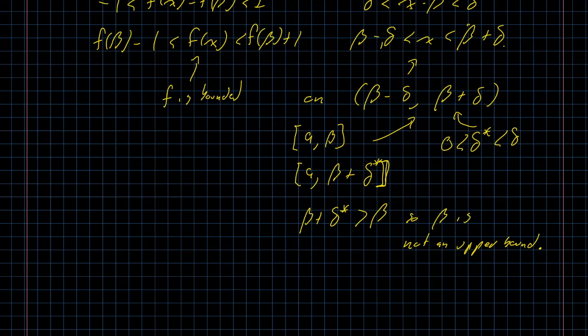We found that we had to have something bigger, right? We said that beta was the upper bound and that the interval from A to beta was the largest interval starting at A where f was bounded. And then we saw that f was bounded if we extend out just a little bit further, which means that beta isn't actually the upper bound, there is something bigger.